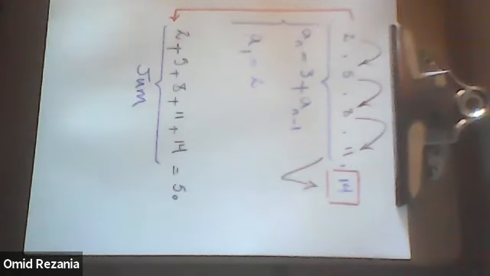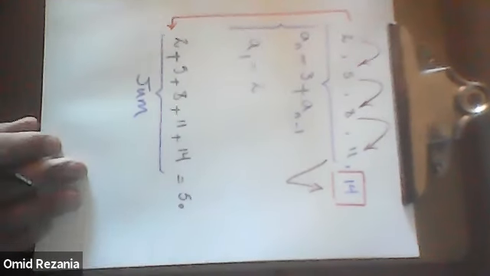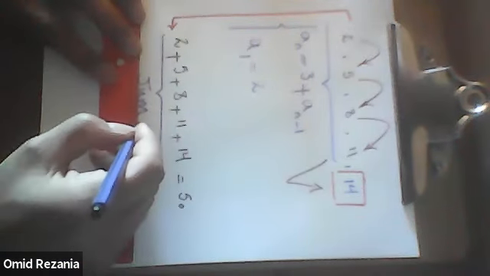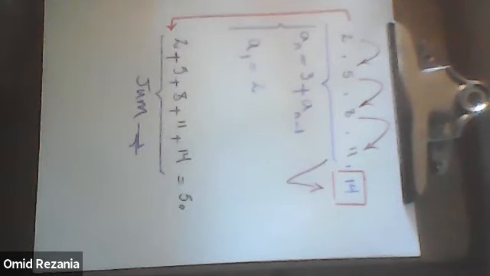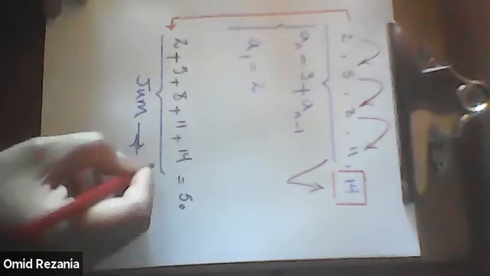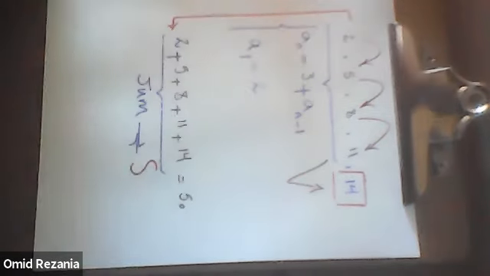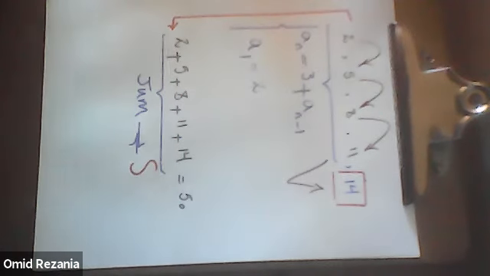Sum means adding the terms together, right? If that's going to be that sum, then I'm going to use as a notation the first letter of summing these terms together, which is going to be S.